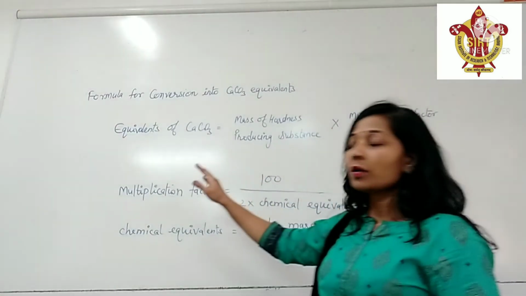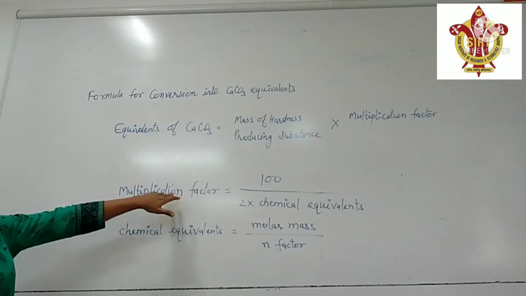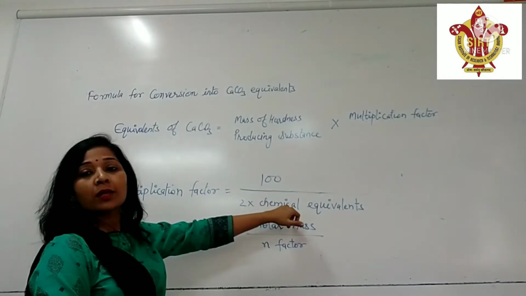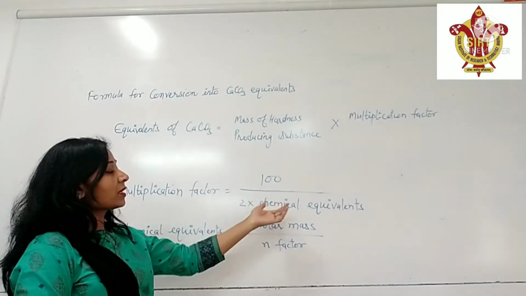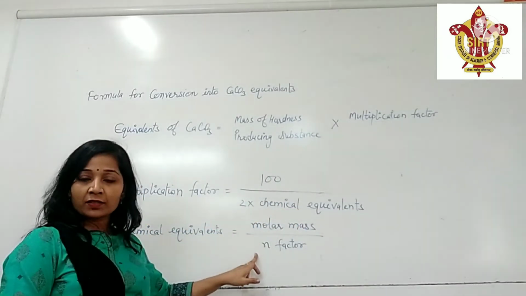The formula for the multiplication factor, or conversion of salt into multiplication factor, is 100 upon 2 into chemical equivalents, where chemical equivalent is molar mass upon N factor.